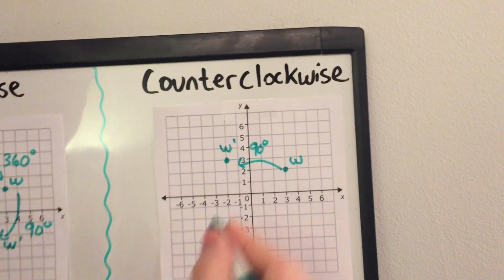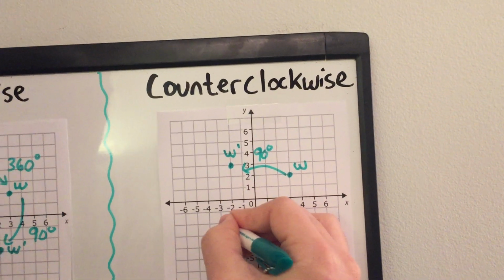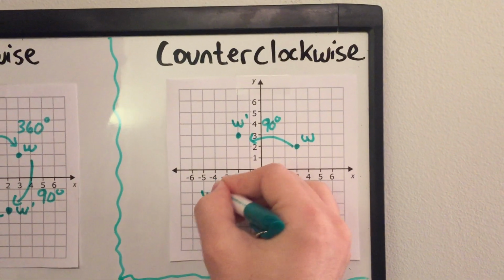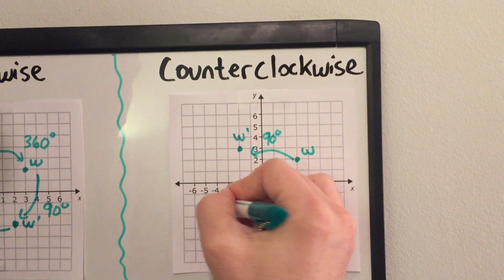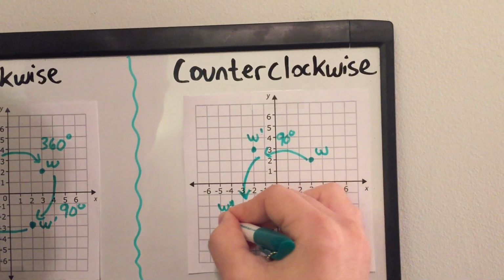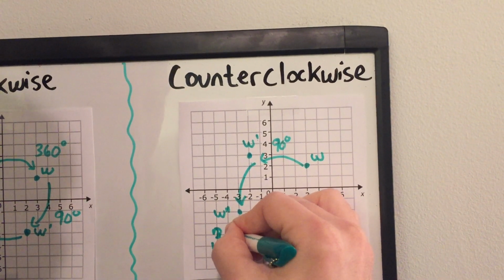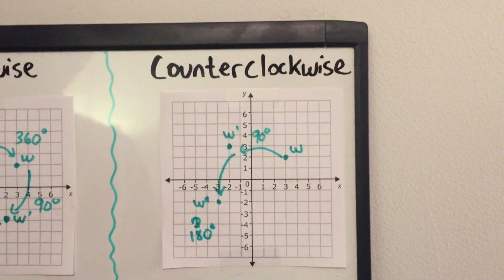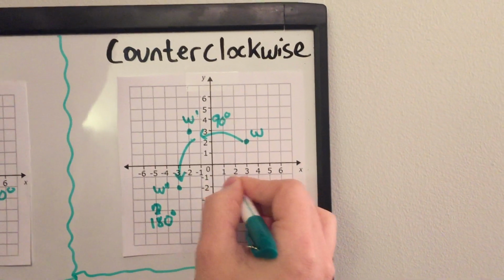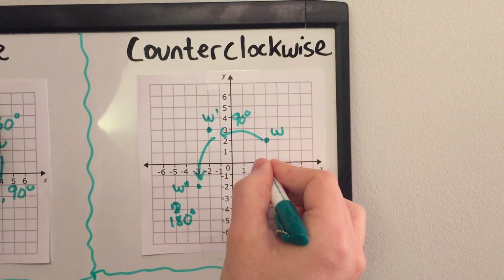Next, we're going to get to our next movement, and that's going to bring us down to here. And I'll call this double prime because it's not our first image, it's our second image. And that's going to get us to 180 degrees right there. And then if I move another time into this one down here, let's see.